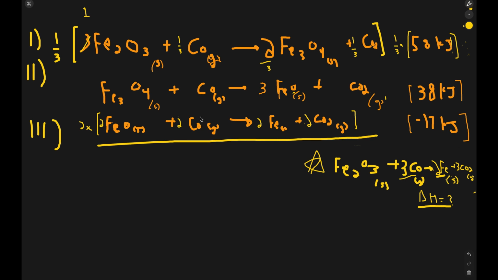We want 3, but we've got 1/3 plus 2, which makes 7/3. So in order to get 3, we have to multiply the second equation by 2/3. So we're going to go ahead and do that as well.